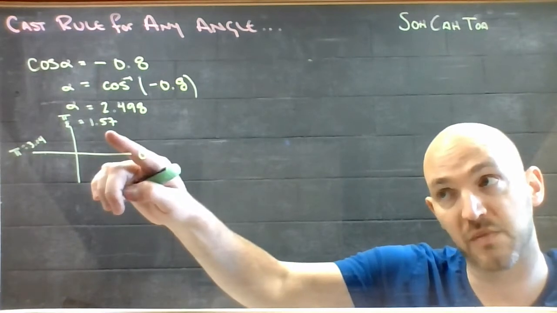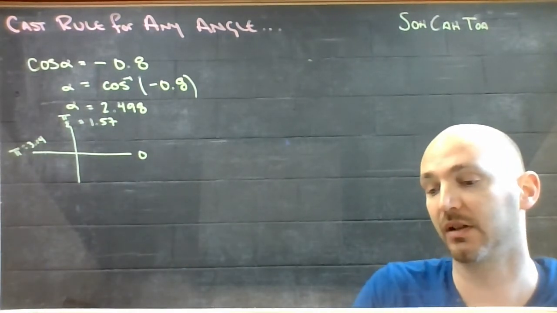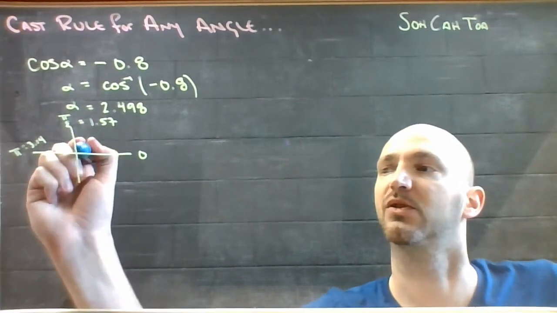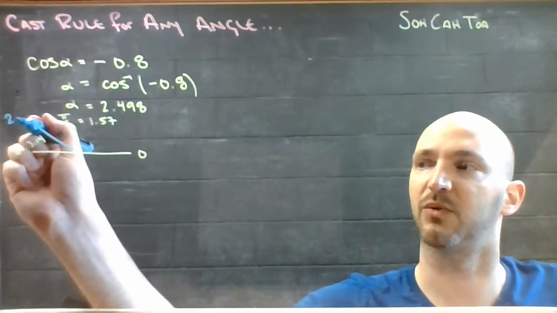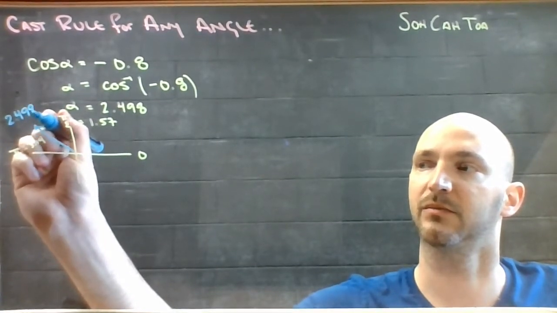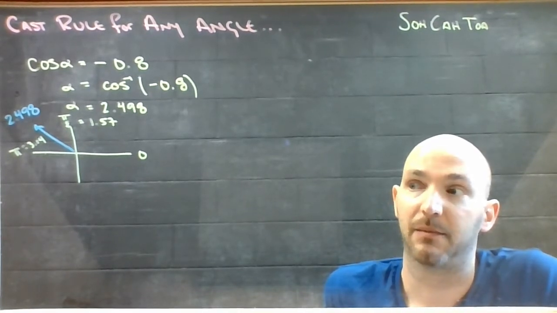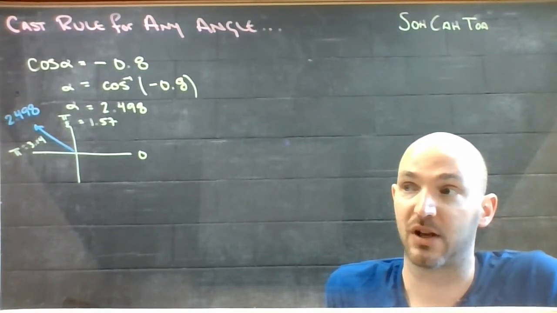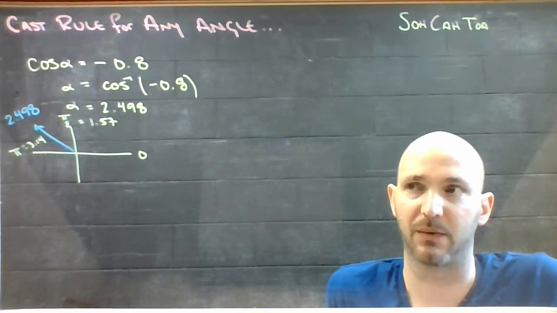Well, that's more than 1.57, and it's less than 3.14. So it has given you a solution that's here. That's where 2.498 is. Now that's tricky, because we're used to seeing them show up in just first quadrant, but this one didn't behave itself quite the way we wanted to.